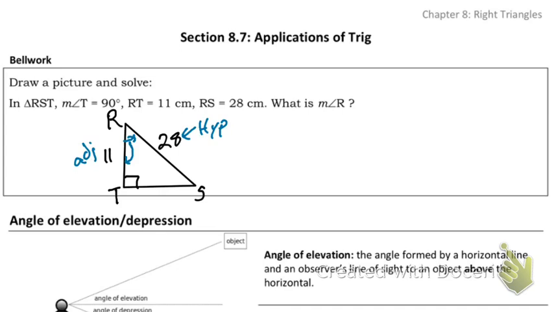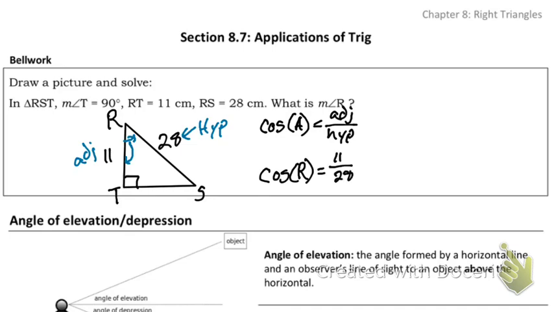So I have to do my SOHCAHTOA to come up with the fact that, well, the cosine of an angle is going to equal the adjacent over the hypotenuse. In this case, I don't know the angle value, so we'll just call it cosine R is going to equal our adjacent, which is 11, over 28. Well, to get that R by itself, we need to get rid of that cosine, which I would take the cosine inverse of both sides, which makes sense because I'm looking for an angle.